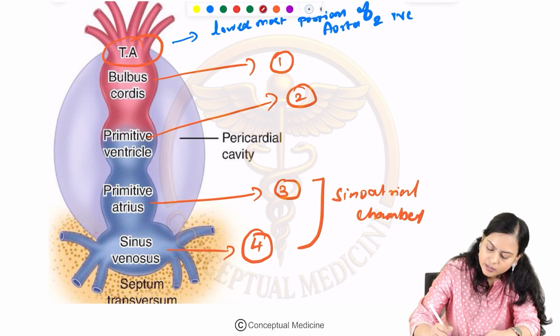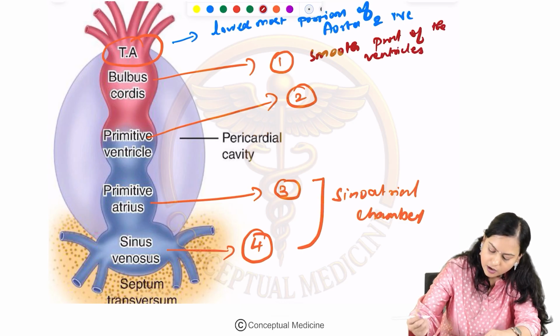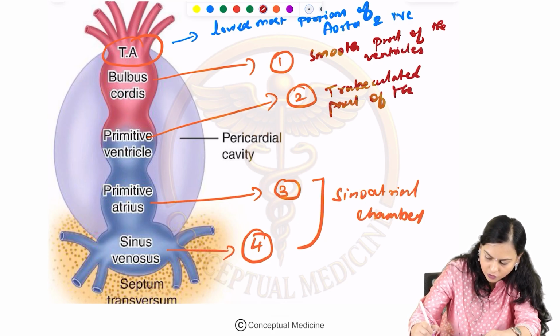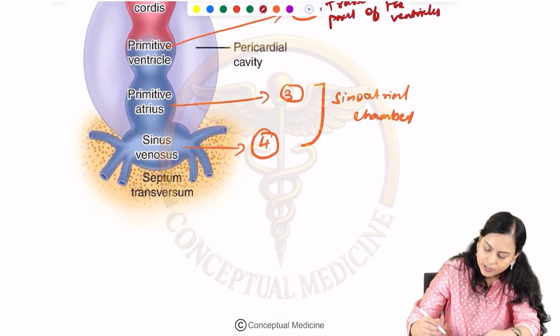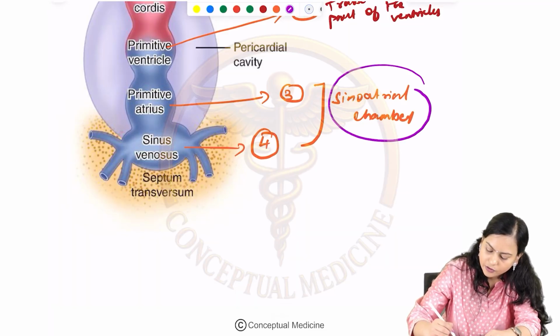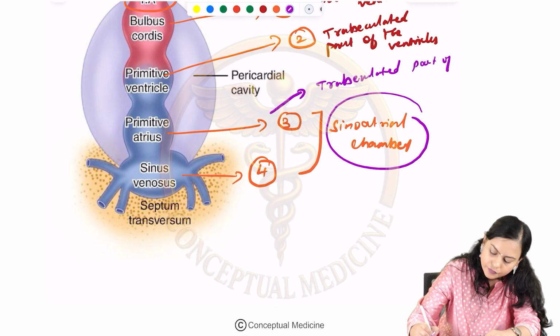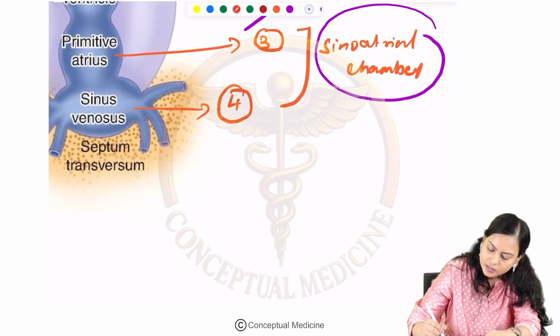From the bulbus cordis, we'll have the smooth part of the ventricles. From the primitive ventricle arises the trabeculated part of the ventricles. Then the primitive atrium will give rise to the trabeculated part of the atrium.